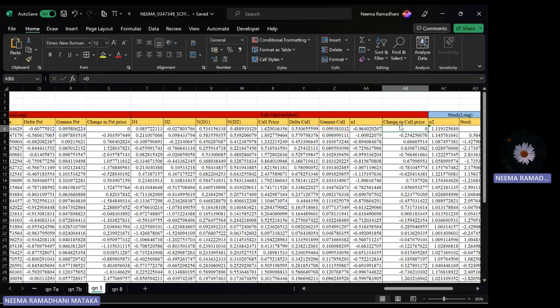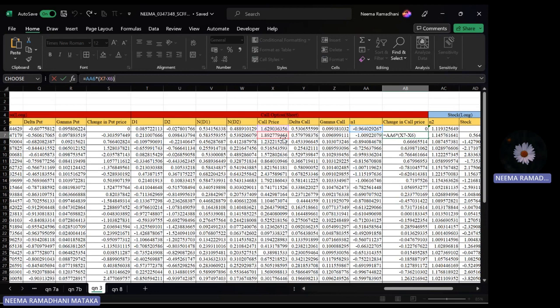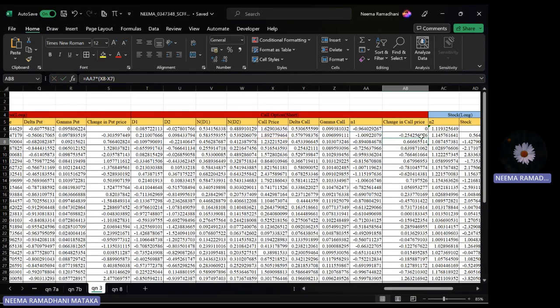Then I could calculate the change in call price, which equals N1 times your change in call price, which is C_t minus C_(t-1). That's how you calculate your change in call price.